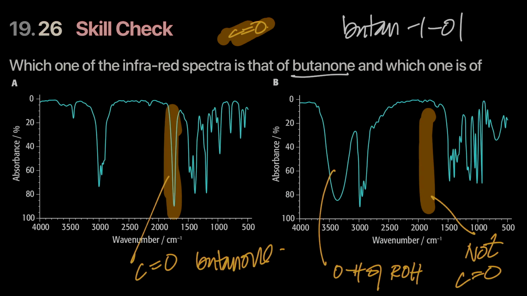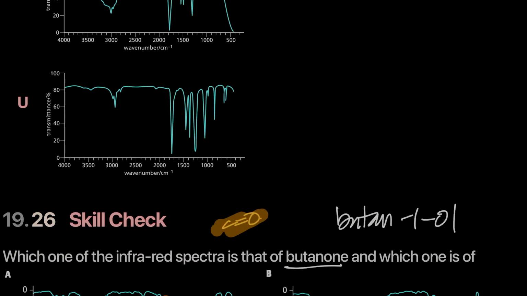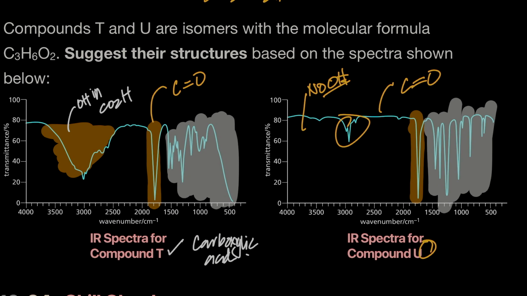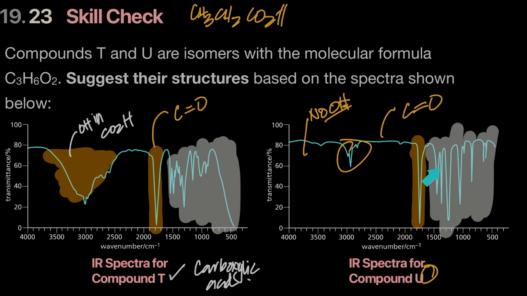There's one thing that somebody asked, that in the previous question, this was not the only possibility for U. There could have been another ester, made of a 1 carbon acid and a 2 carbon alcohol, for U also. But T, because of only 3 carbons, only had one possibility. If they had said more carbon atoms in the molecule, then there would be more possible structures acceptable for T and U. That was the previous question.